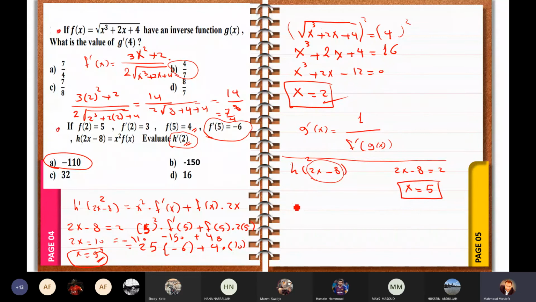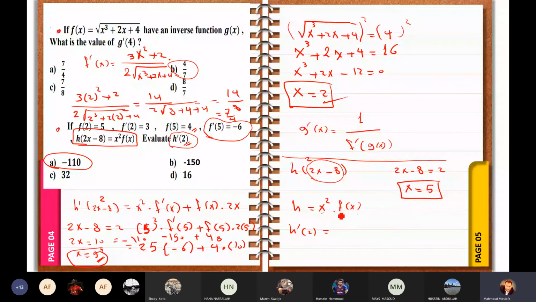Now, it's given that h is equal to x squared multiply f of x. Correct? Given here. So derivative of h will be u multiply v, as you see.